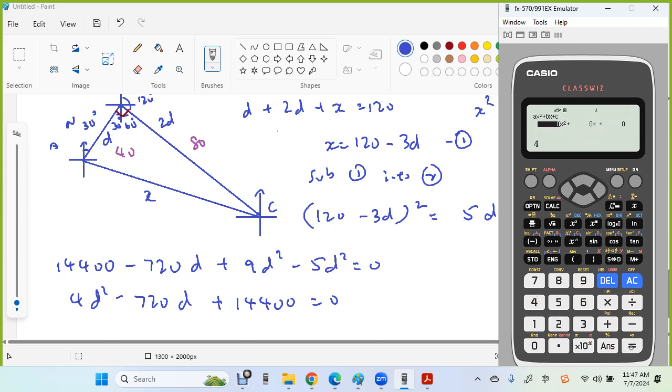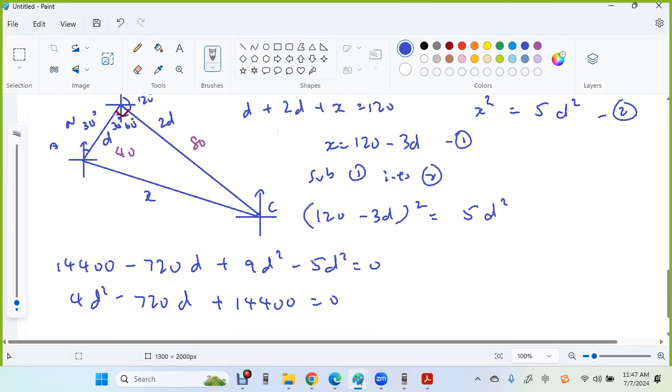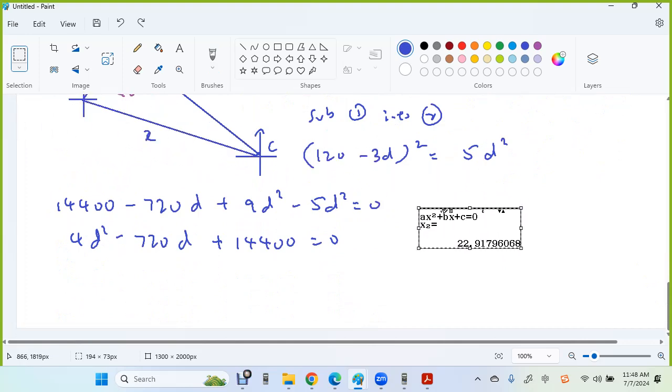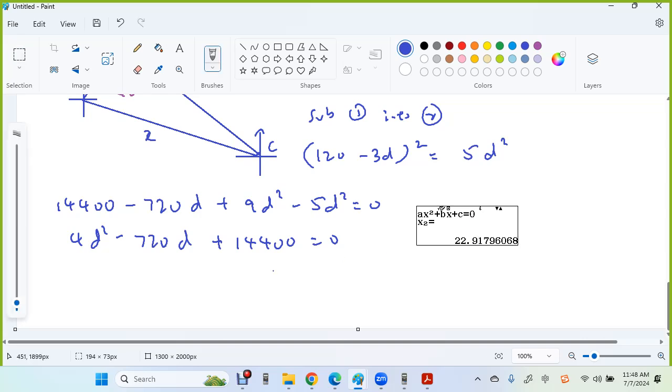So we have 4, negative 720, 14400, then we will get 157, this one will be rejected, and then 22.91. Okay, so the answer that we get for D is this one. This one I use the formula in the calculator now.